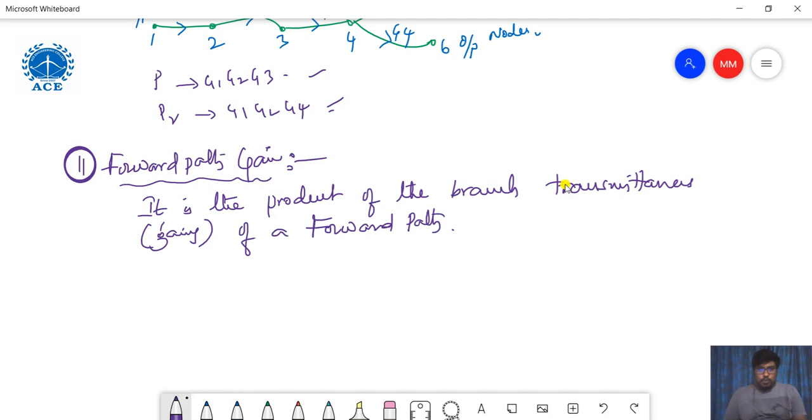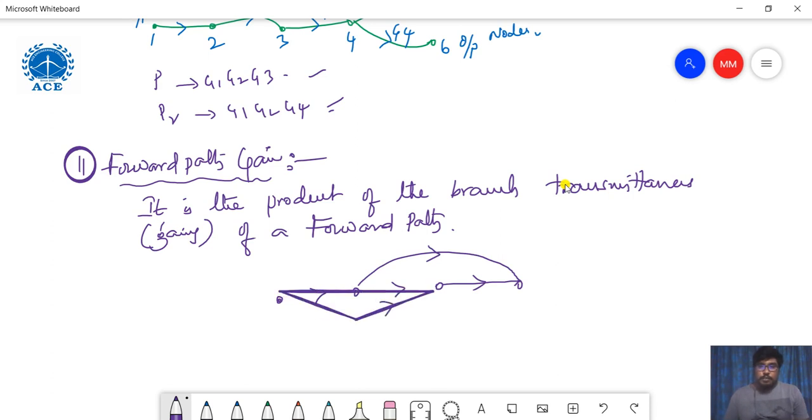Okay, so already I have written over there. Again I will write here. For example, this is a node, this is another node, this is another node, this is another node. Okay, so lines are moving like this. Say this is 1, 2, 3, 4, 5, right? These are the nodes we have.